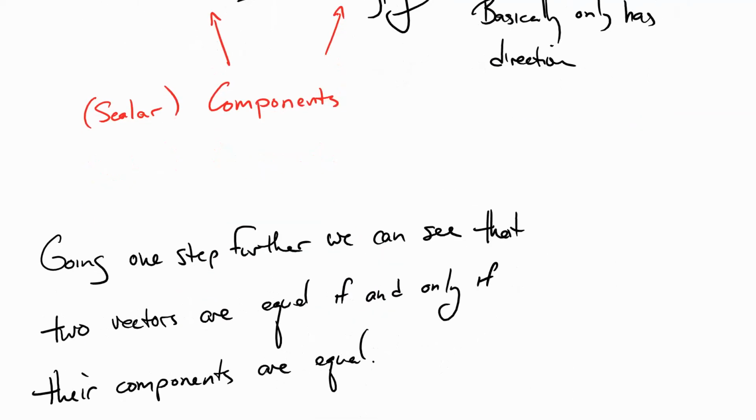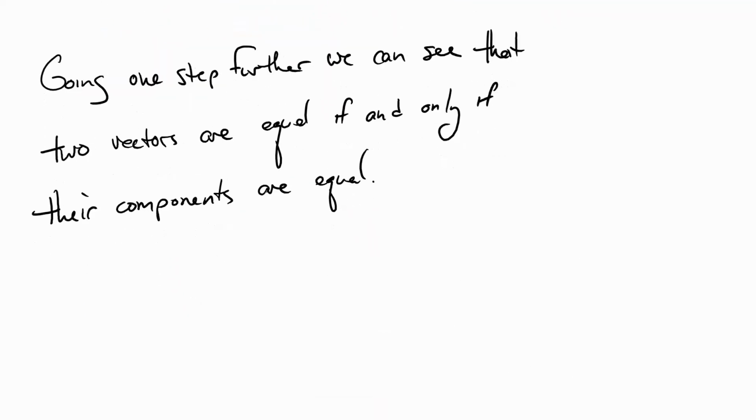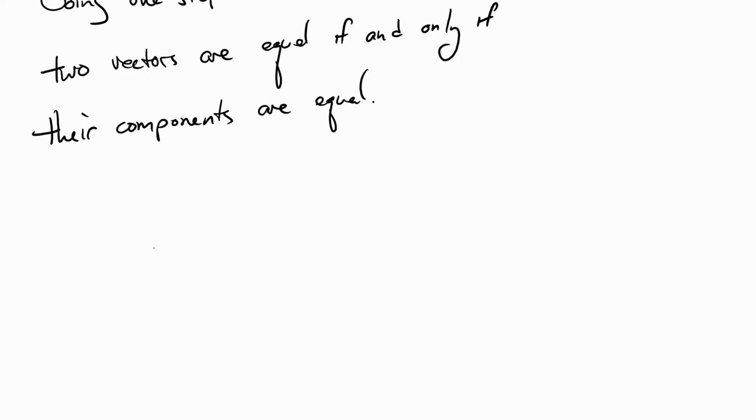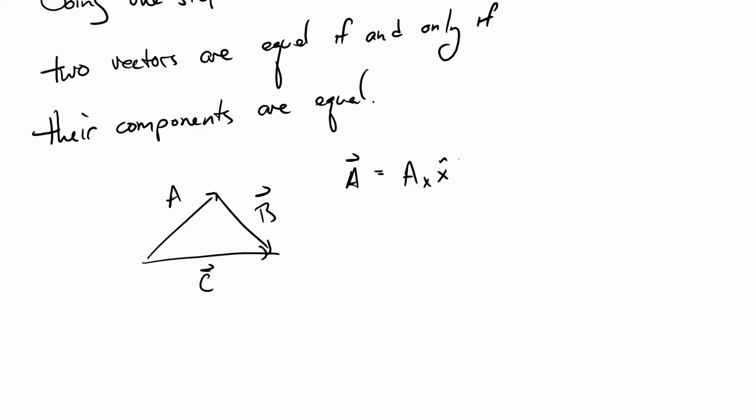So now, if we take this one step further, we can see that two vectors are equal if and only if their components are equal. If I take a look at, going back to this A plus B endeavor that we had going a while ago, equals, let's call this now C. I can tell that A looks like AX, X hat, plus AY, Y hat.